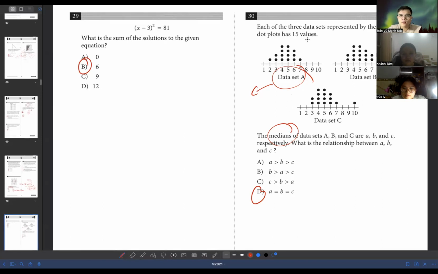Wait, let's see. So you have 15 values, so the median will be the number (15 plus 1) divided by 2. 16 divided by 2 is 8. The 8th number is the median. So I'm going to count 1, 2, 3, 4, 5, 6, 7, 8. So it's 5. Right? How did you come up with 4.5?